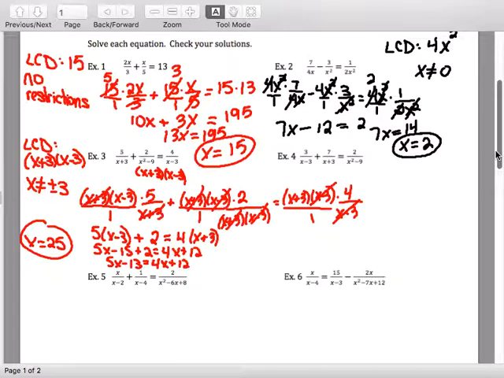Example 4. I have 3 over x minus 3 plus 7 over x plus 3 equals 2 over x squared minus 9. I'm going to pause. If you haven't already started, I want you to read through the checklist and do as much of it as you can on your own.